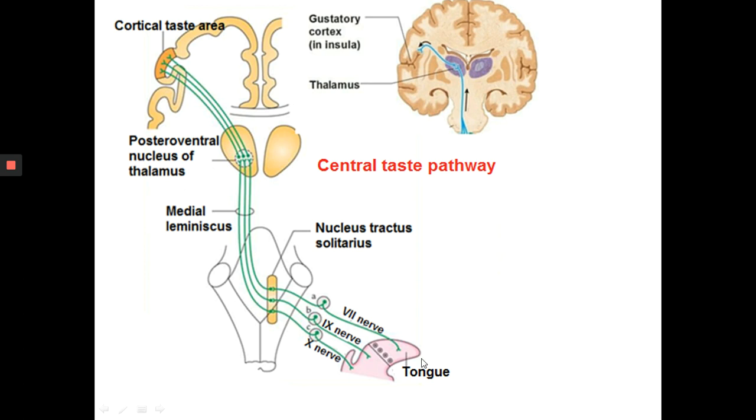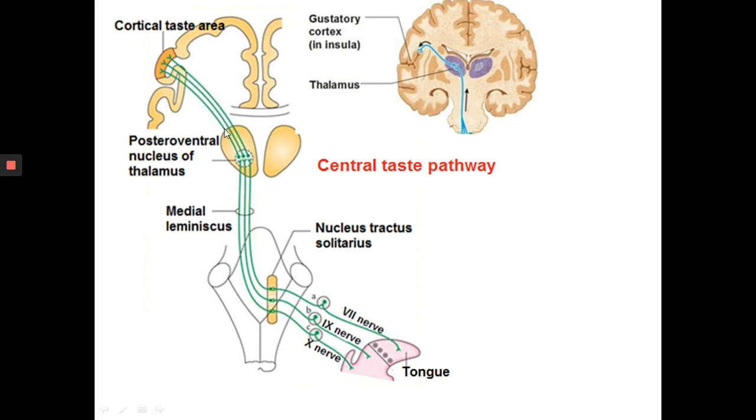So here, the tongue, the receptors in the taste buds. From the anterior part of the tongue it is through the seventh nerve, then the middle part through the ninth nerve, and from the posterior part by the 10th vagus nerve, it reaches the nucleus tractus solitarius in the brainstem. Then it reaches the thalamus, the posterior-ventral nucleus of the thalamus, and from the thalamus to the cortical taste area.